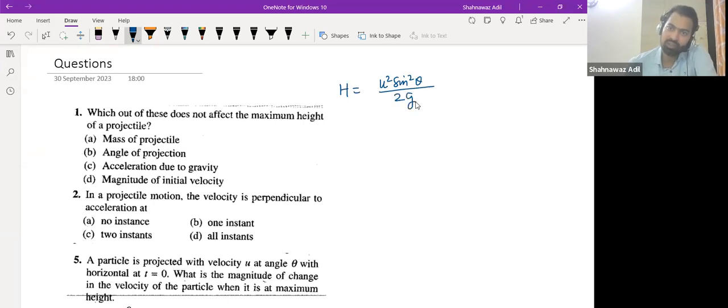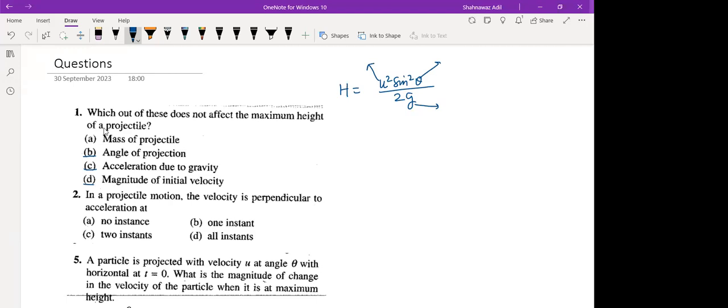So it is dependent upon the initial velocity, the angle of projection, and the acceleration due to gravity. So what would be the correct option? Mass of projectile.